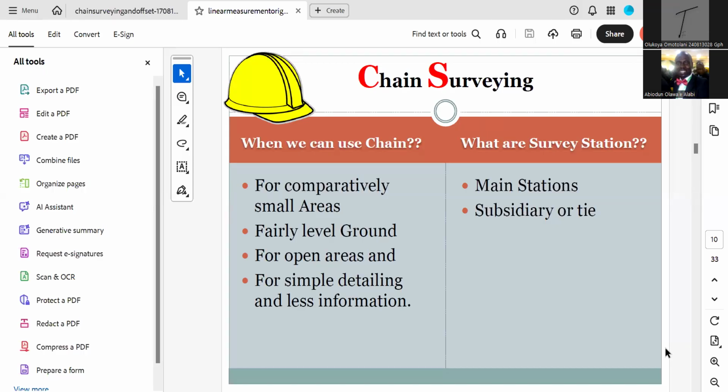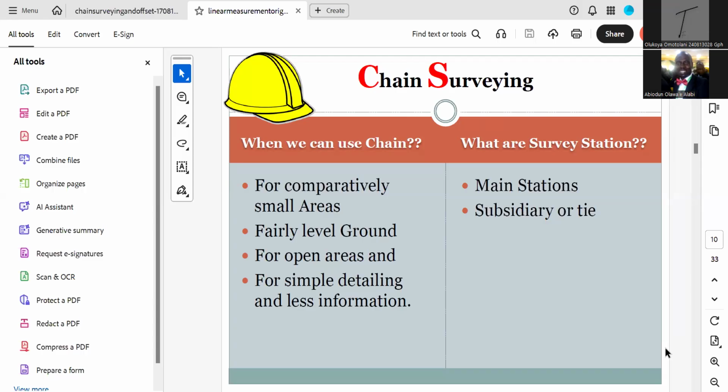Okay, so these are some of the conditions that must be met for you to deploy chain surveying in mapping a geographical area or location. So if any of these points is missing, then you cannot deploy it.